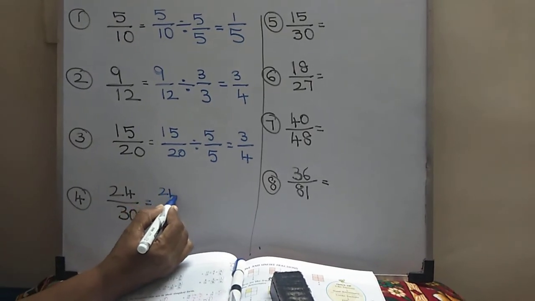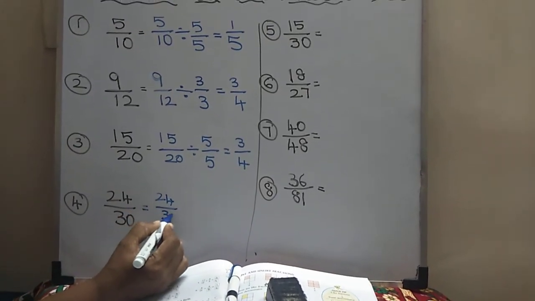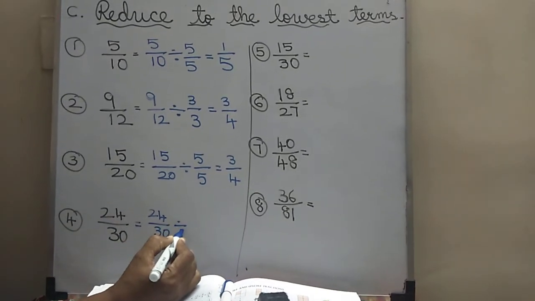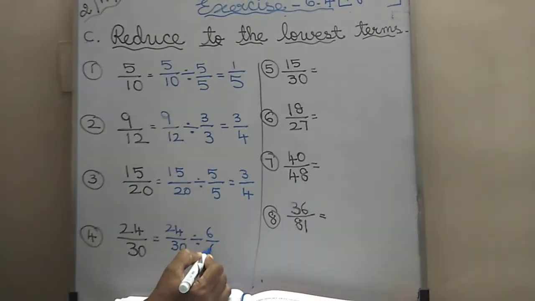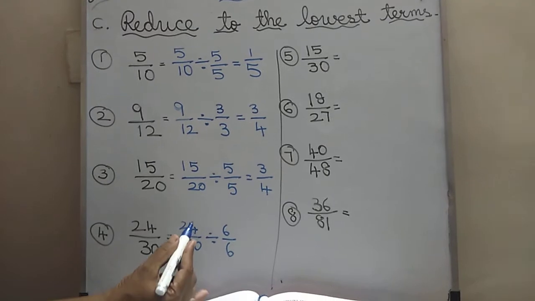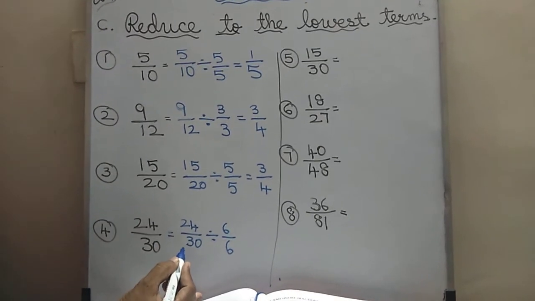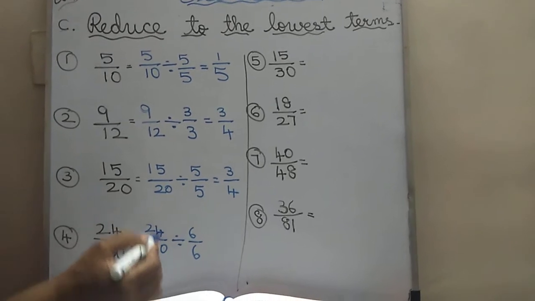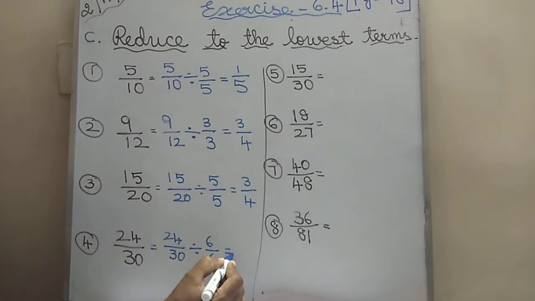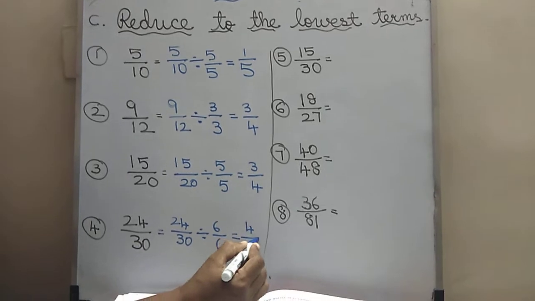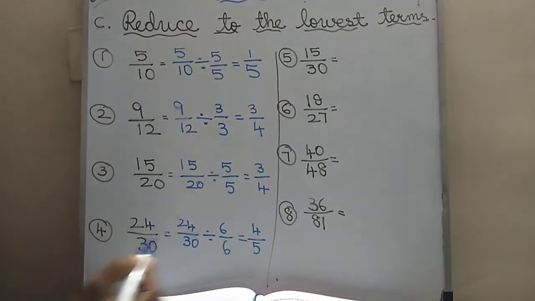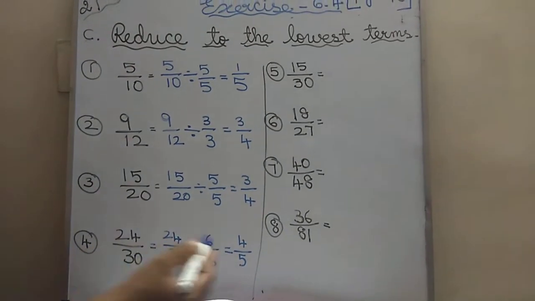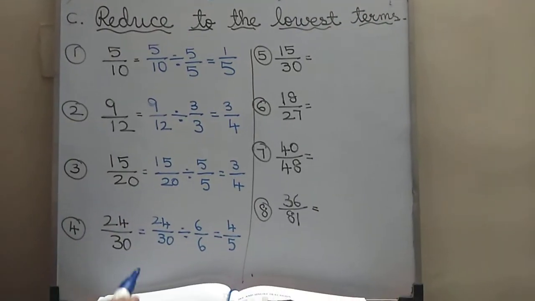So 24 by 30 divided by 6. You can't write the 4 table, isn't it? If it goes in the 4 table, 30 will not go in the 4 table. So the number which goes in the same table you have to write. So the 6 table. So what? 6 4s are 24 and 6 5s are 30. So what's the answer? 4 by 5.